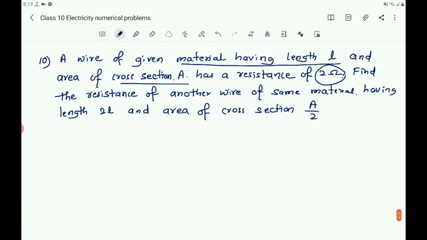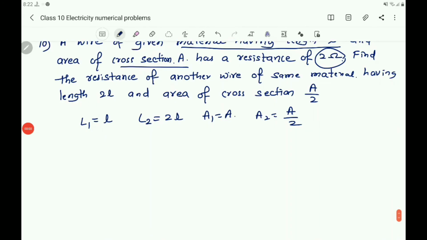So let us take L1 equals L and L2 equals 2L, and A1 equals A and A2 equals A by 2. And you take R1 equals 2 ohm. Then what you have to find out? You have to find out that R2 equals question mark.